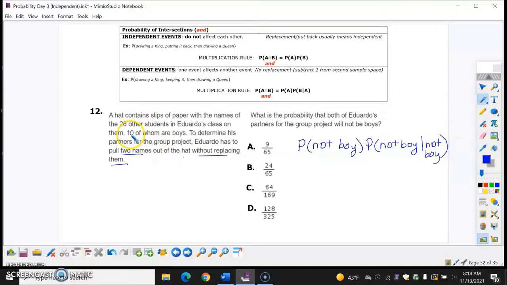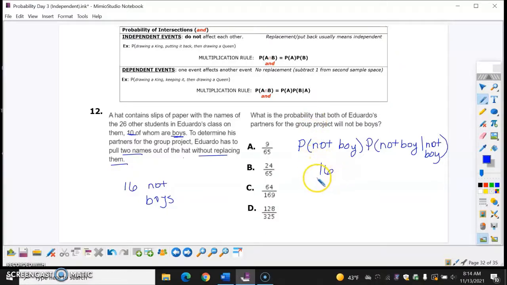Now, if there are 10 boys, how many would not be boys? That would mean that there are 16 that are not boys. All right, see if you can find the probability of both not being a boy.